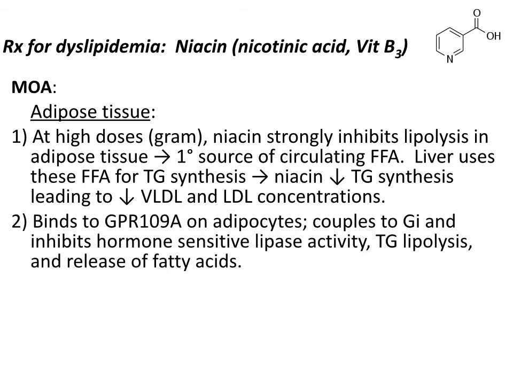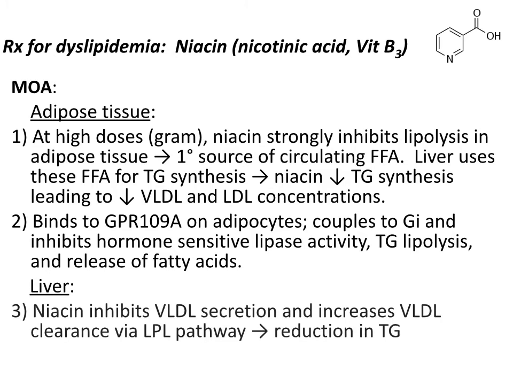It also binds to a GPCR on adipocytes, GPR109, which couples through Gi, which means it's inhibitory to adenylyl cyclase, and it inhibits hormone-sensitive lipase activity. So this is another enzyme that causes lipid breakdown.